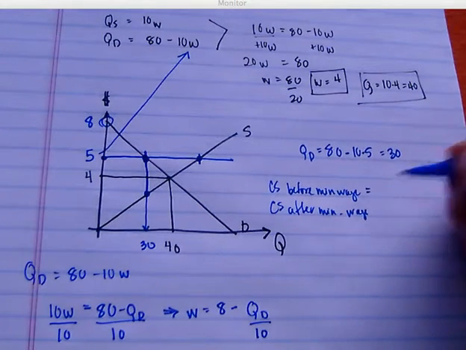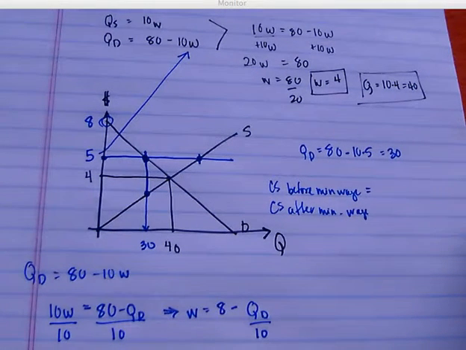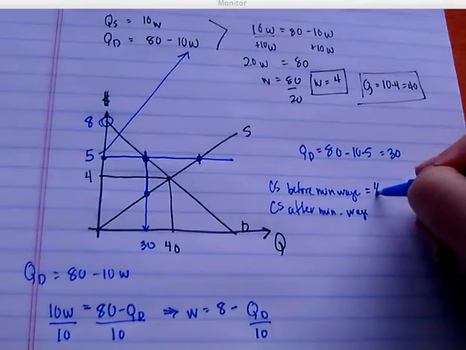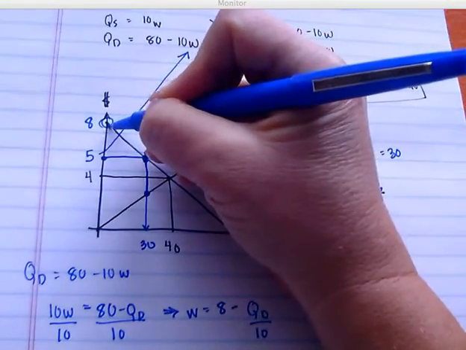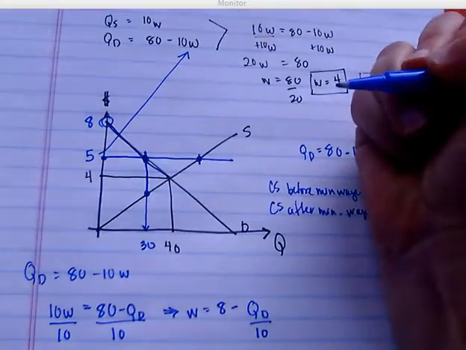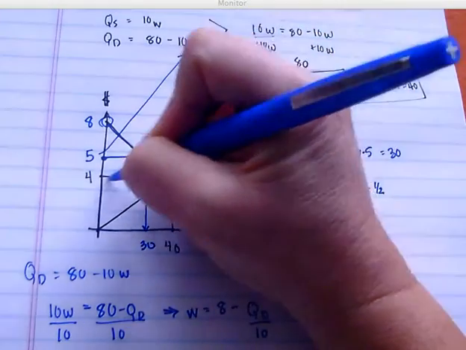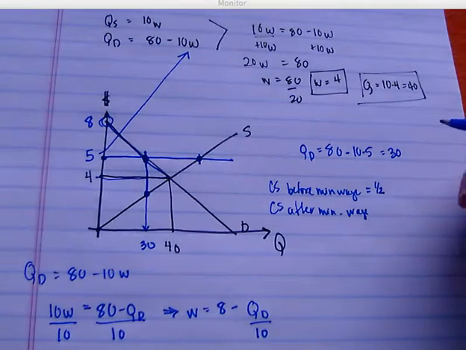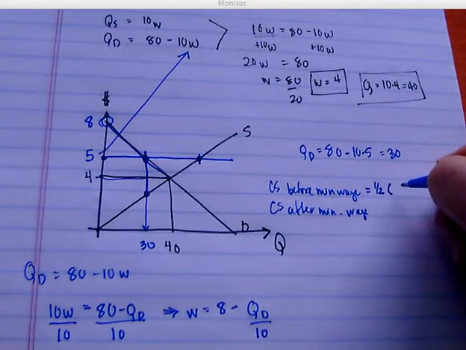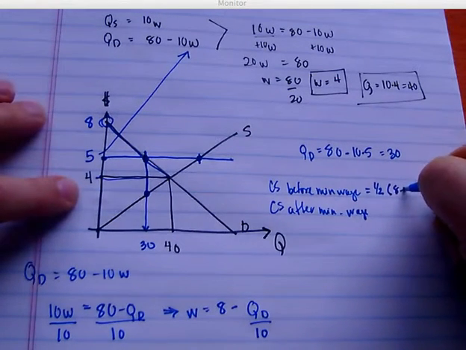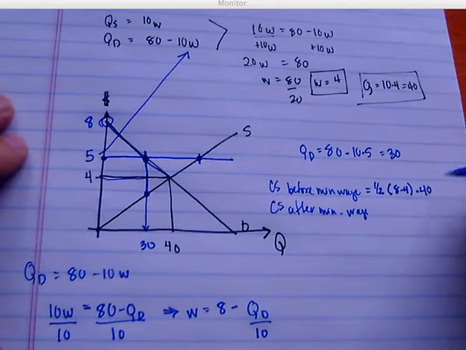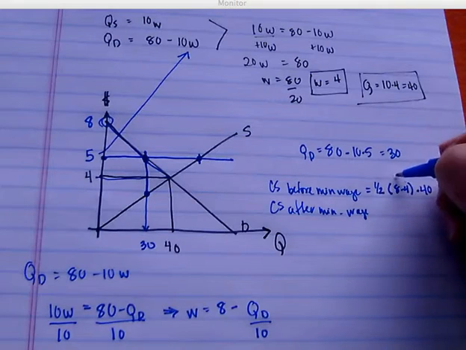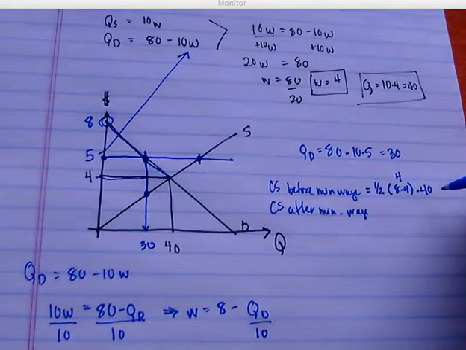So then the consumer surplus before the minimum wage is just 1/2 times the height of the triangle. This triangle is the difference between the willingness to pay as we get off the demand curve and what was actually paid. So before the minimum wage, the height here was 8 minus 4, and the base was 40. So 1/2 times 4 times 40 is just going to give us 80.